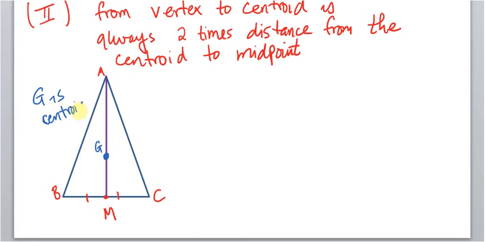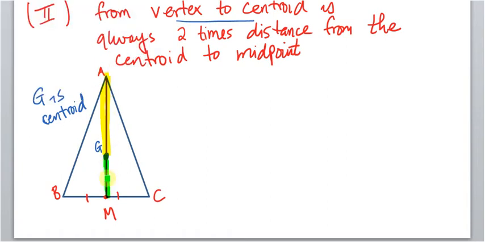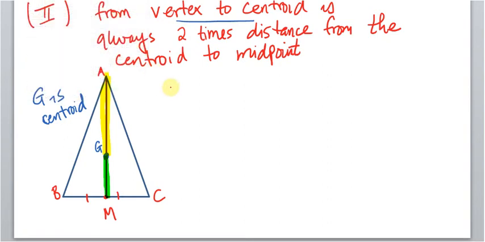Then what this theorem says is from the vertex to the centroid, which means from A to G, is twice the size of G to M. So what this basically says is that AG is equal to twice the size of GM.